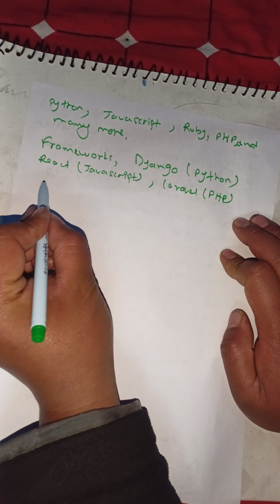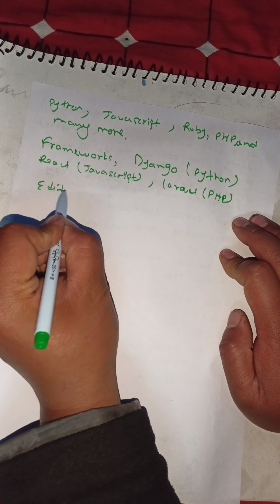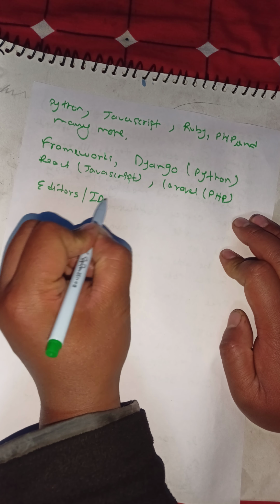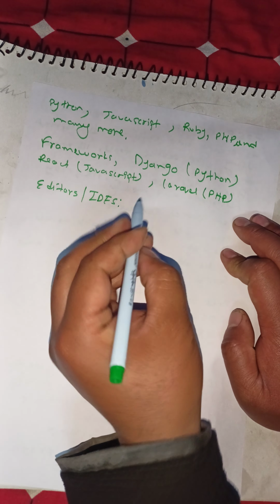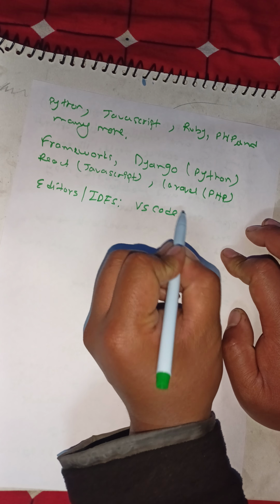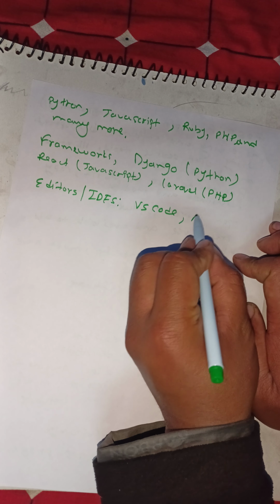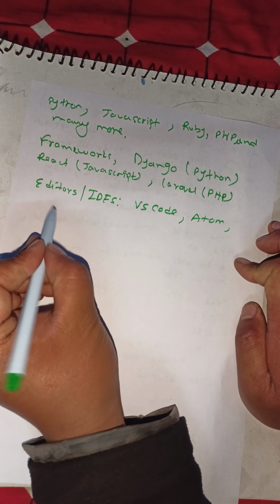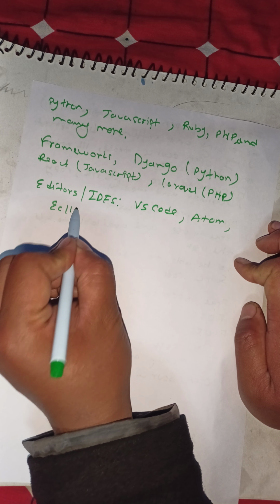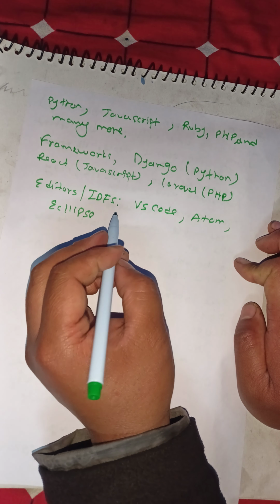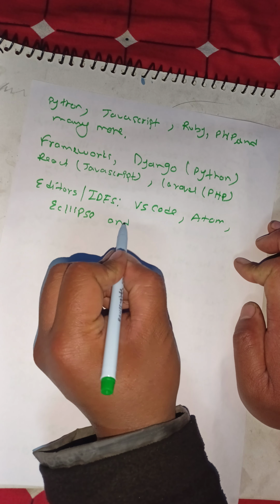Some free editors or IDEs. What are they? VS Code. These are places used to run code. Atom, Eclipse, and many more.